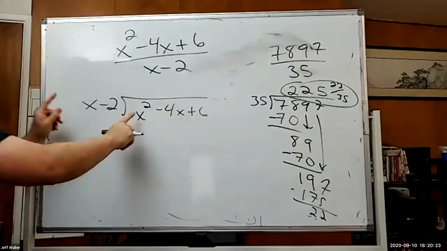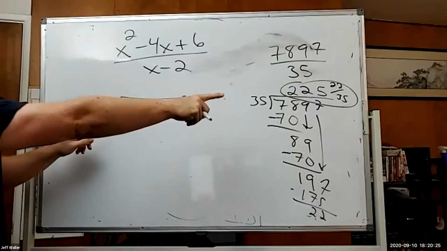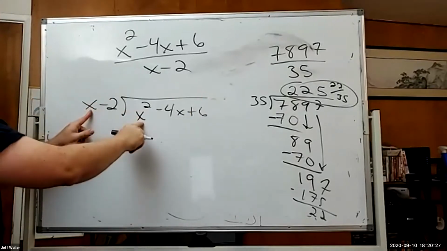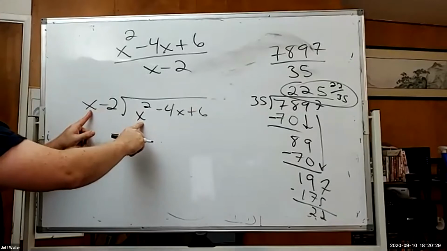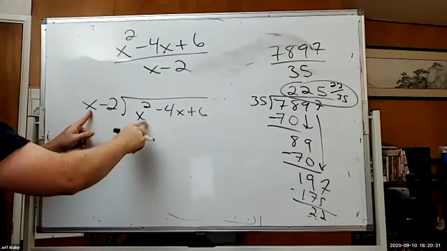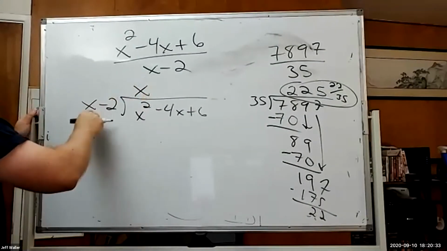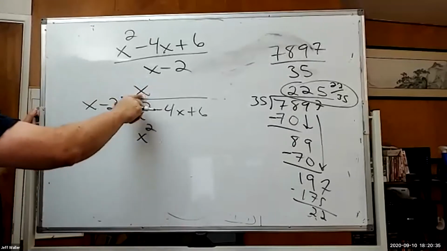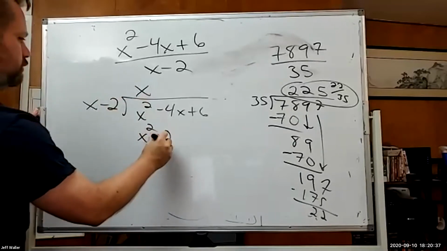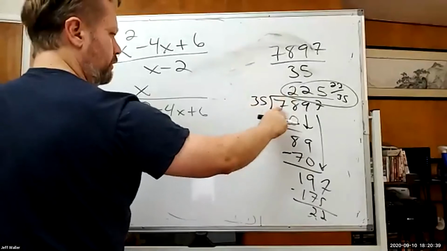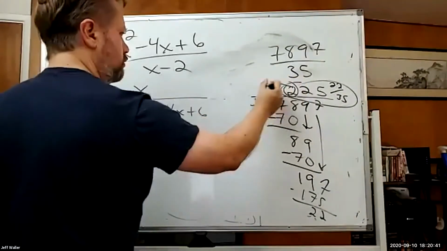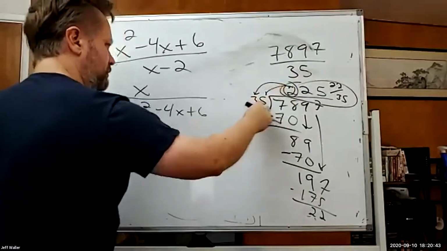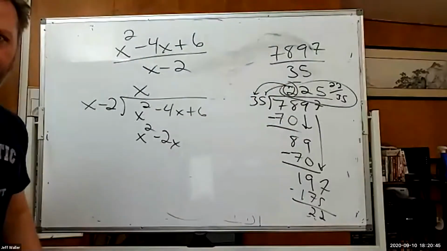I'm going to do exactly what I did. x times what is x squared? x. So x times x is x squared. x times -2 is -2x. Just like I did here, 3 went into 7 twice, but I didn't just do 2 times 3, I did 2 times 3 and 5.